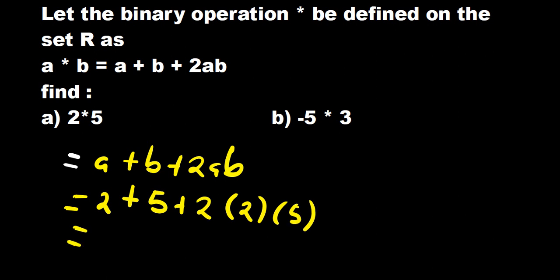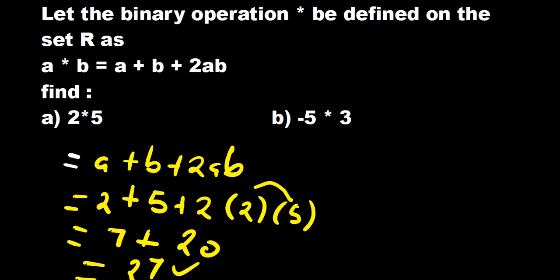Then 2 plus 5 is 7, plus 2 multiplied by 5, that's 10, and 10 multiplied by 2 is 20. So 20 plus 7, or 7 plus 20, is 27. So you found your answer for this one.